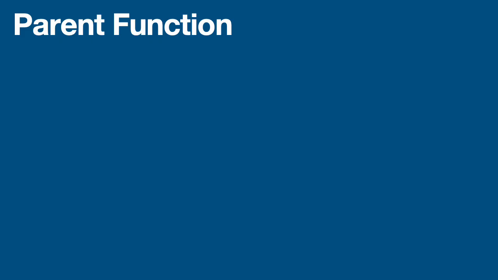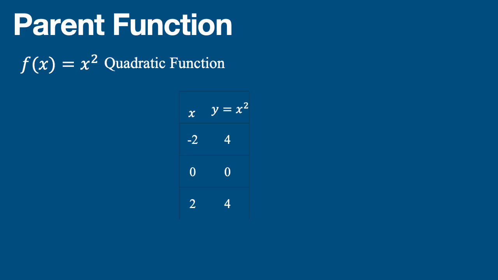Let's have 2 more parent functions. The next one is f(x) = x squared. What's the name of this function? Quadratic function. Make a table as we did in previous slides. I picked 3 x values. -2 squared is 4. 0 squared is 0. 2 squared is 4.